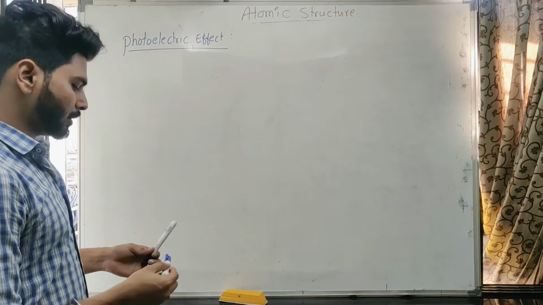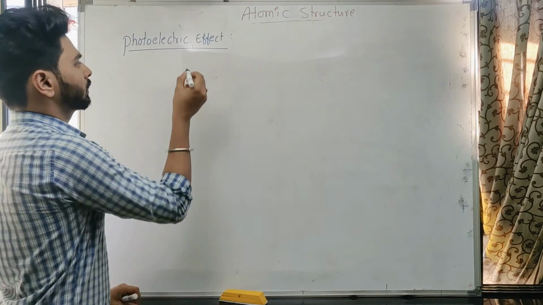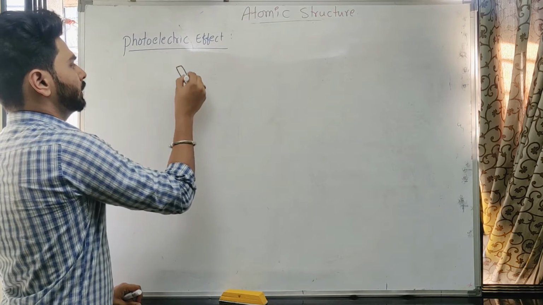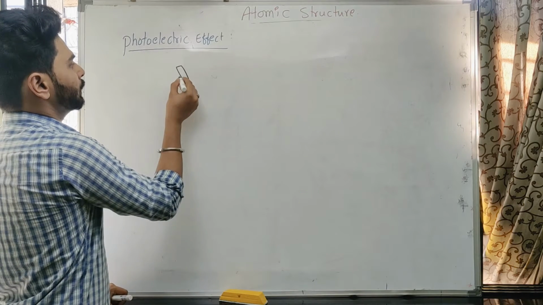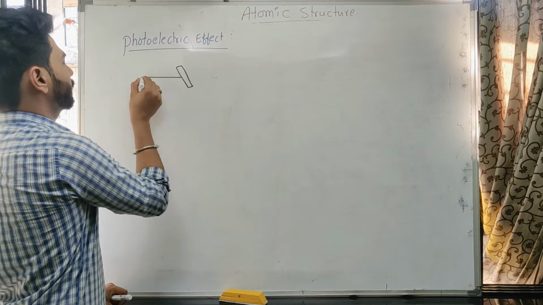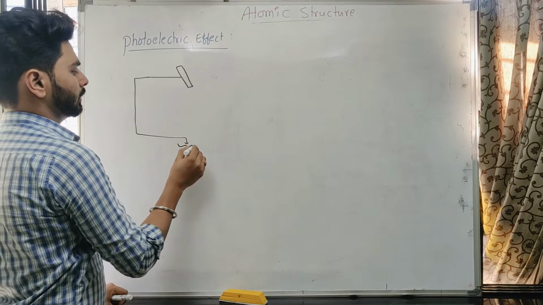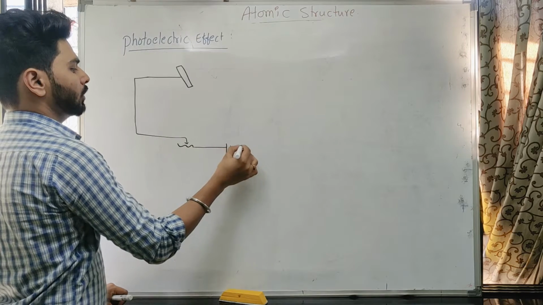Here, let me just draw a schematic. One metal rod or metal plate will be used, connected and made as anode.